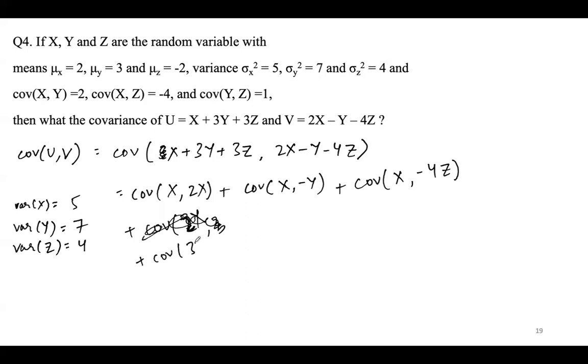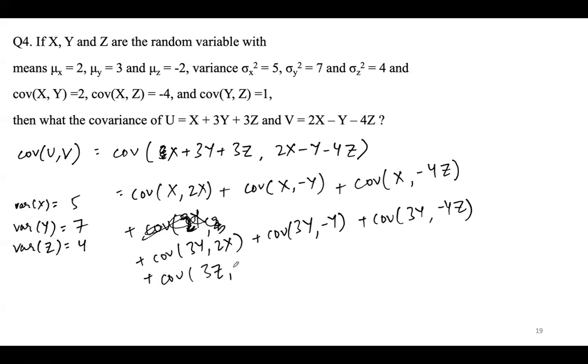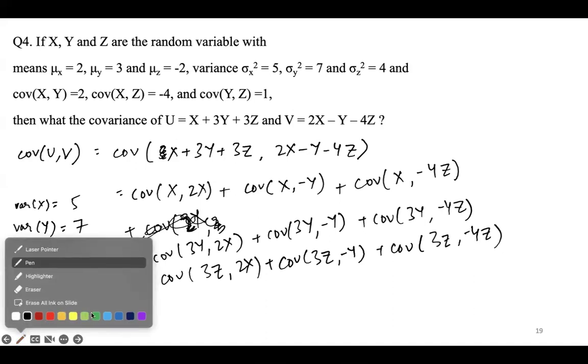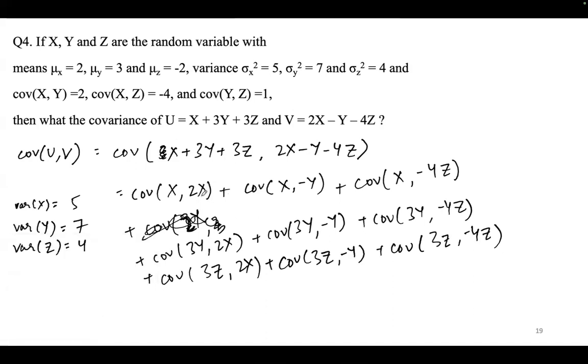Plus covariance of 3Y with 2X plus covariance of 3Y with minus Y plus covariance of 3Y with minus 4Z plus covariance of 3Z comma 2X, covariance of 3Z with minus Y, and covariance of 3Z with minus 4Z. Okay. Now, there are going to be 9 values that we calculate, right?